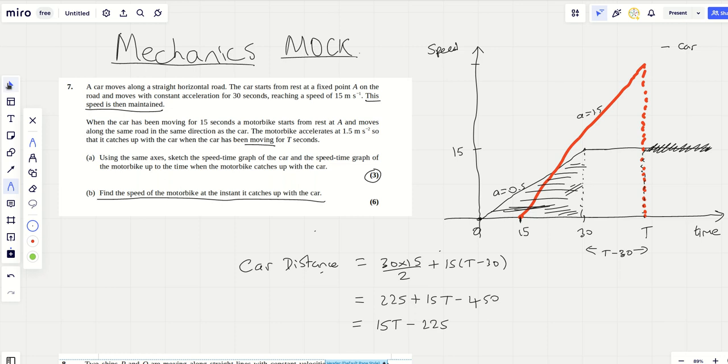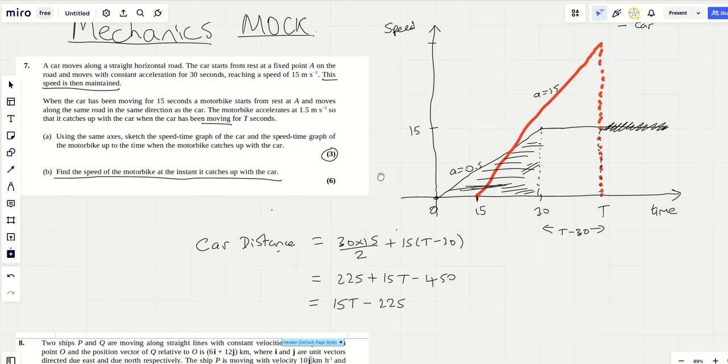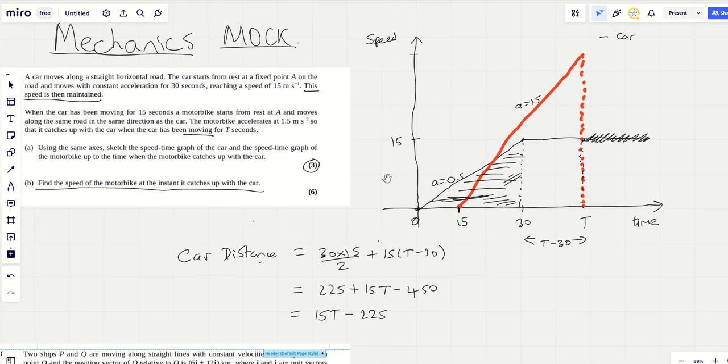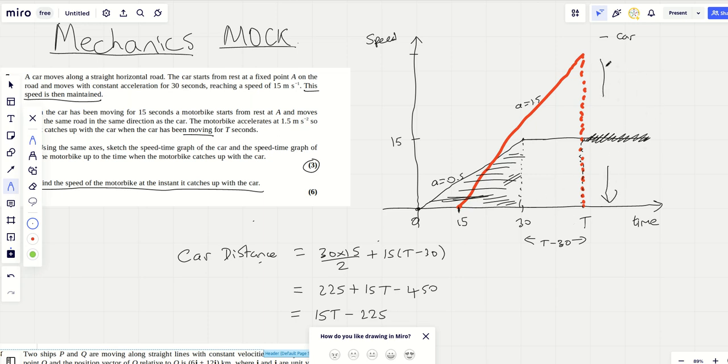Okay, right, that was the easier bit. Now, the motorbike is tougher because you don't know its maximum speed, or do you? Can you write it down in some other way? Well, remember that gradient is acceleration here. And so if I want to find that rise, let's just call it x at the moment.